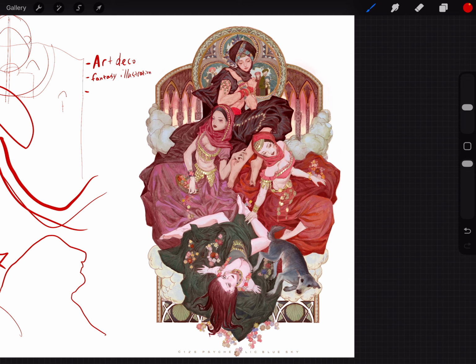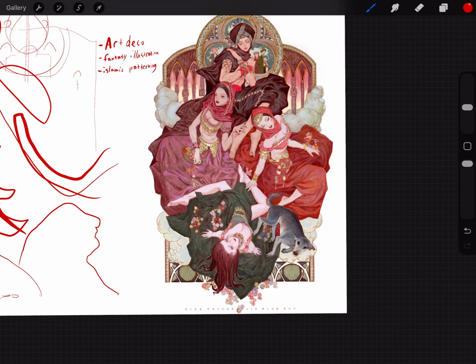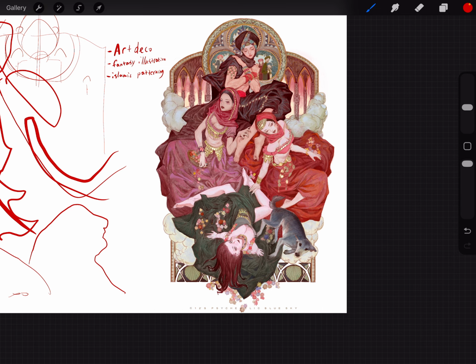And I would say Islamic patterning. And then obviously he's using these very different influences, and he's weaving them together with different motifs for each one of these illustrations, right? We can see the cloud as a motif.